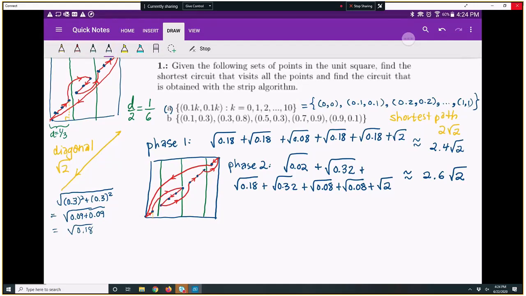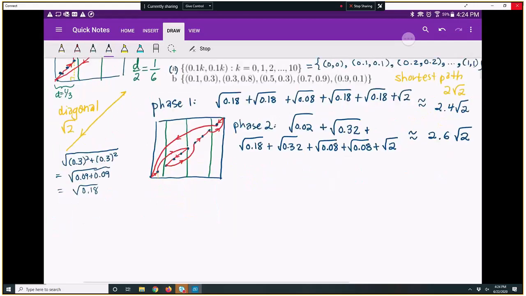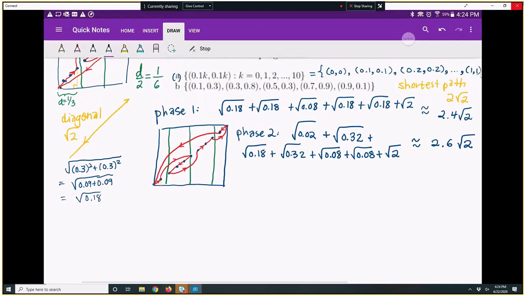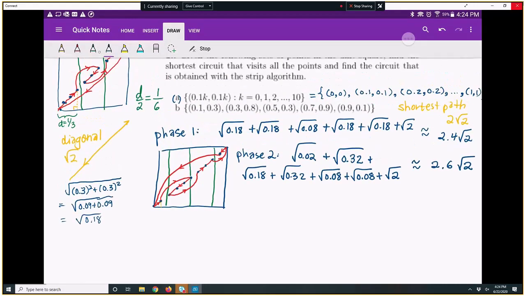And all of these individual distances, all of these small square roots, I just found using the Pythagorean theorem, so you could pause here and verify these on your own. So that is exercise 1, or part A of exercise 1.